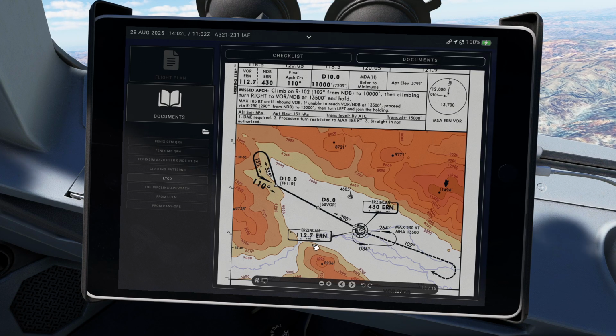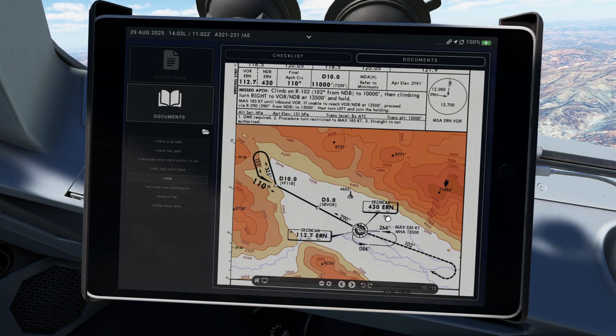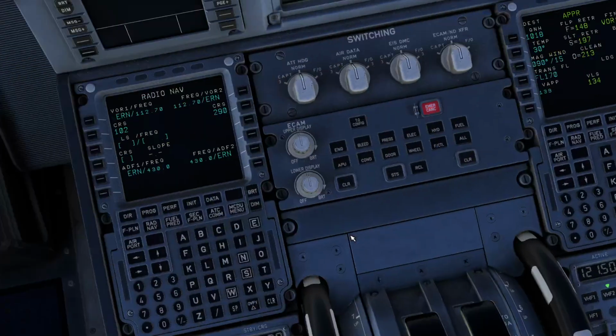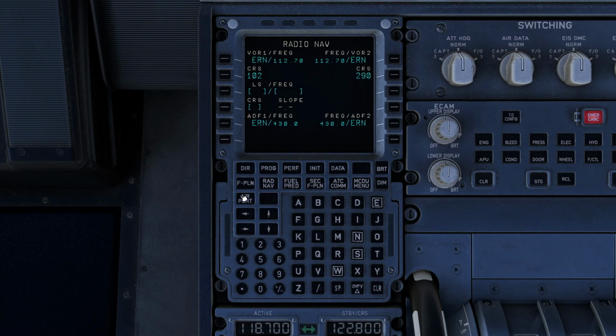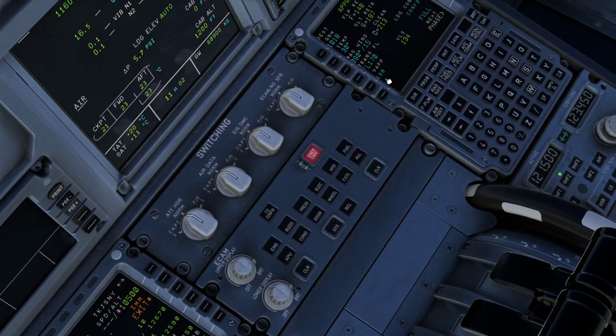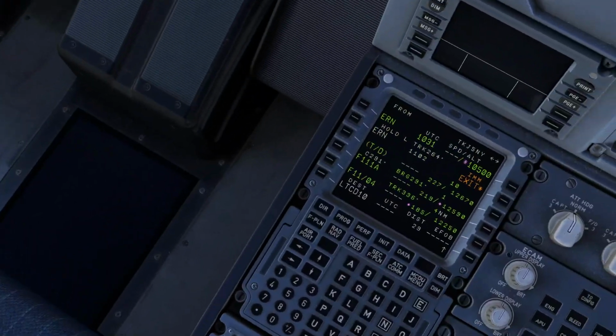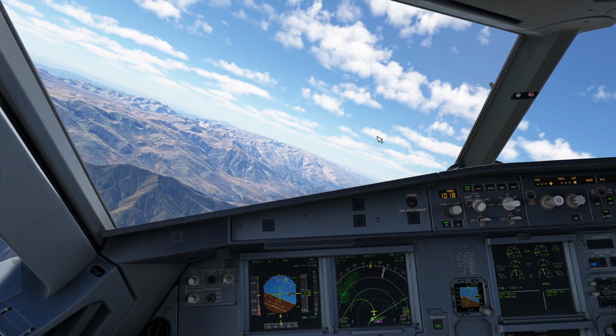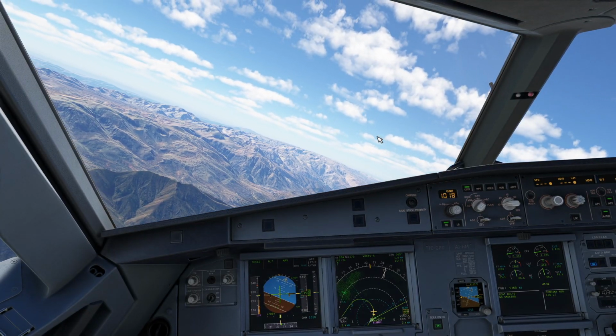Okay, as an advisory I inserted both VOR and NDB in the MCDU, and as you see here, and also for the preparation the approach speed today is 140. As you see, that's 139 right now. Okay, we have some other items that we should observe, and we will talk later.